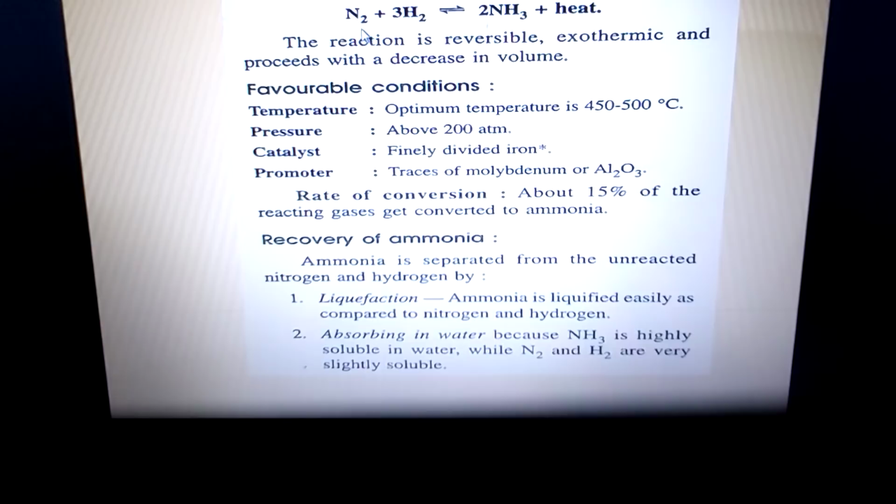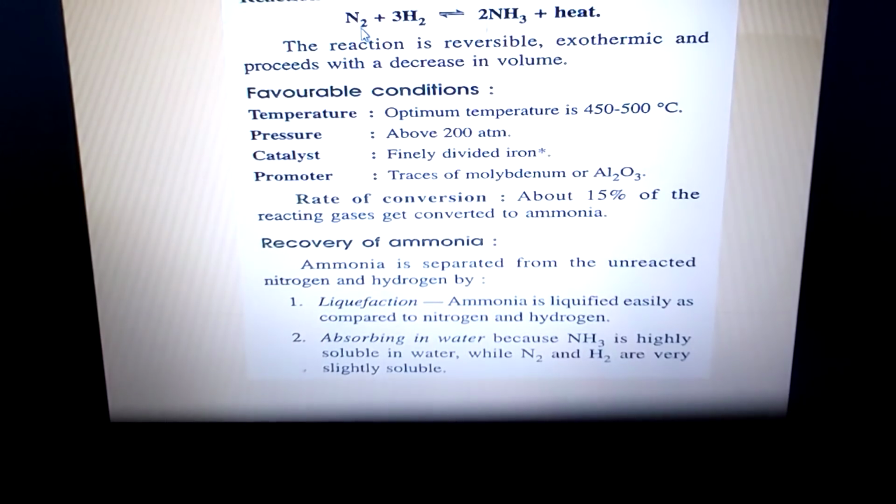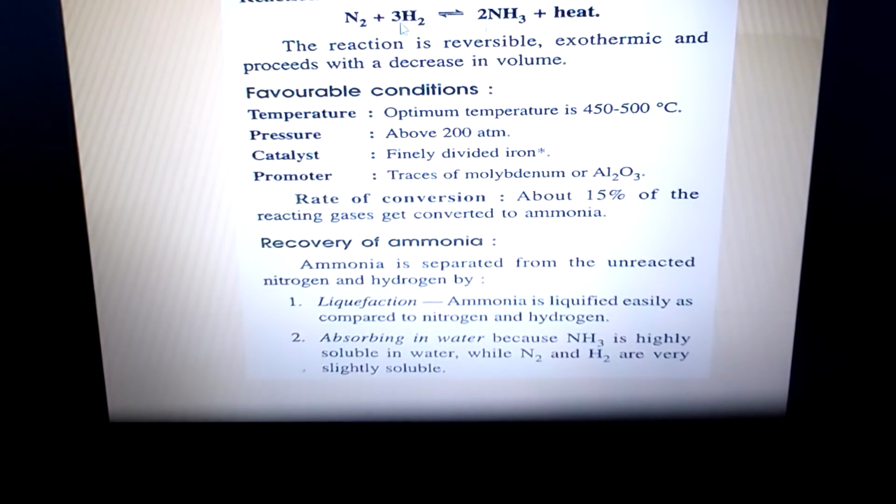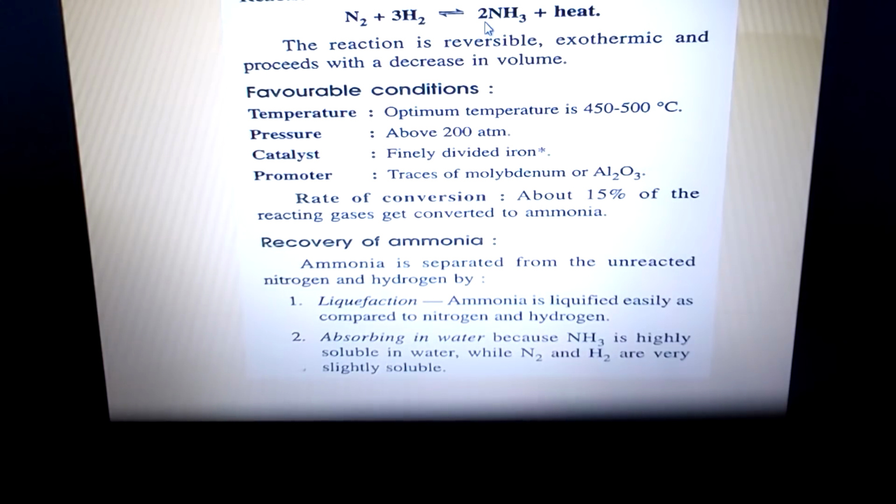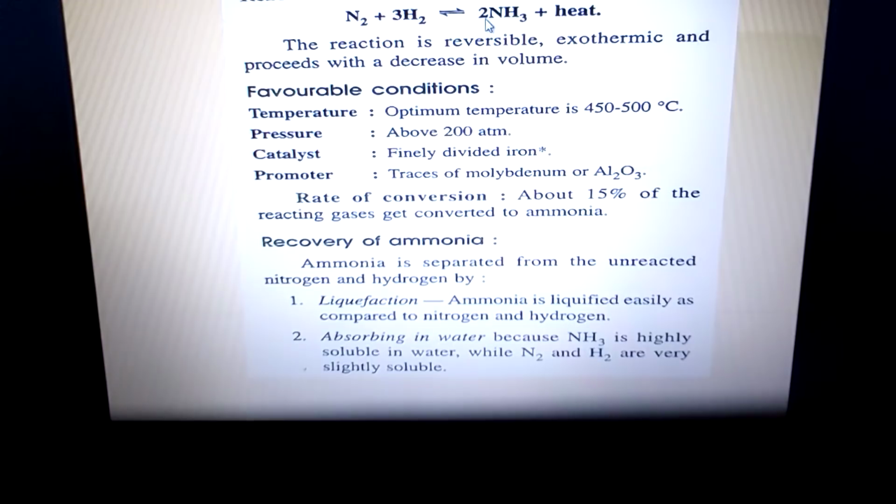You can see the decrease in volume: 1 volume of nitrogen and 3 volumes of hydrogen, so a total of 4 volumes of reactants and 2 volumes of product. So 4 volumes are becoming 2 volumes, that is, a decrease in volume is taking place.